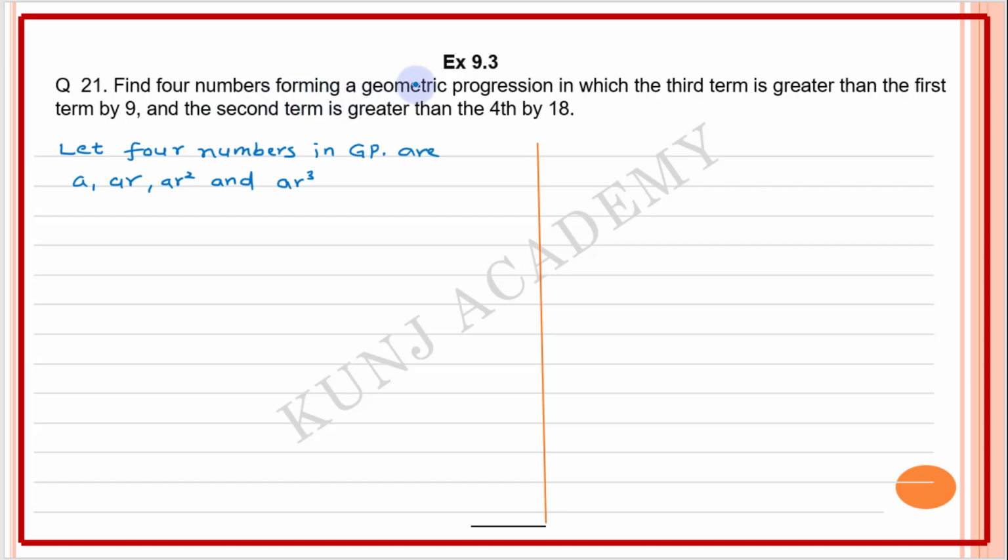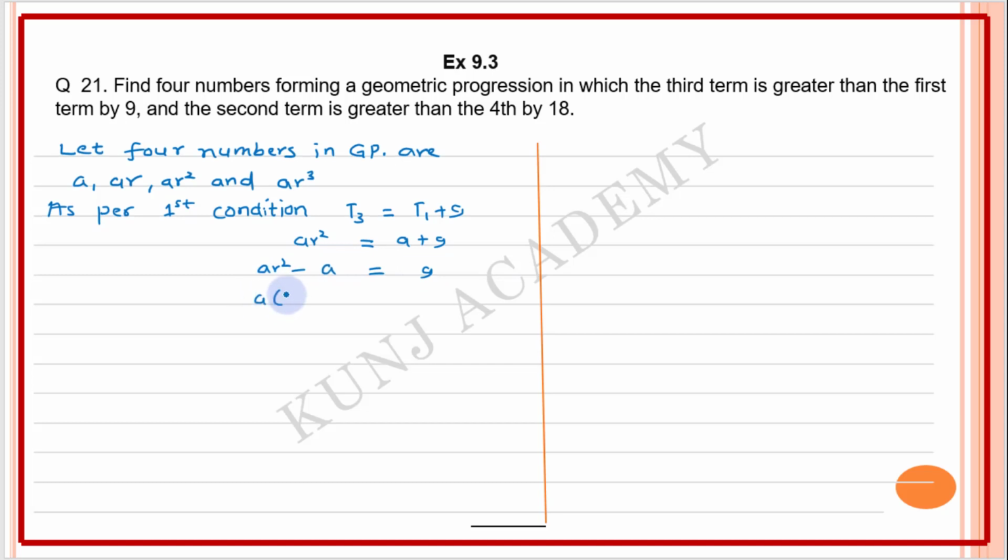As per the first condition, the third term is greater than the first term by 9. T3 is ar square, T1 is a, plus 9, or ar square minus a is equal to 9.